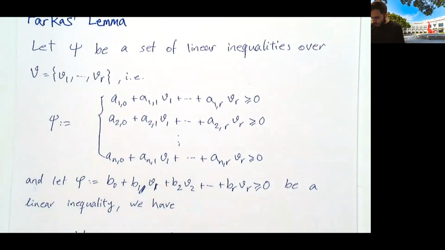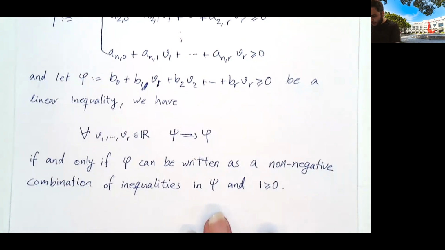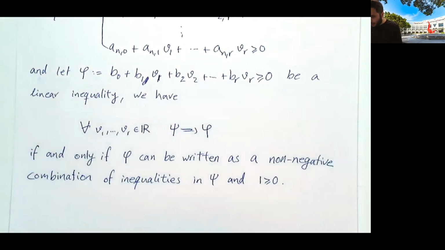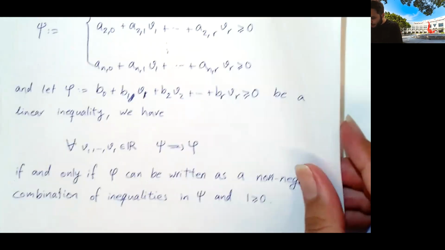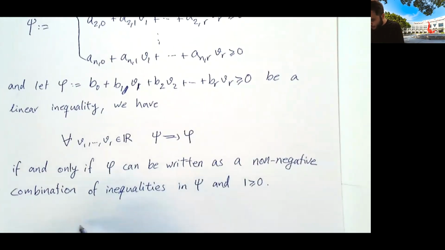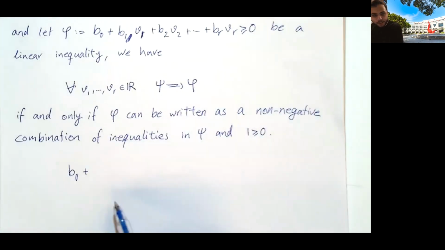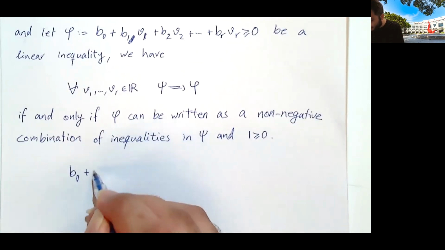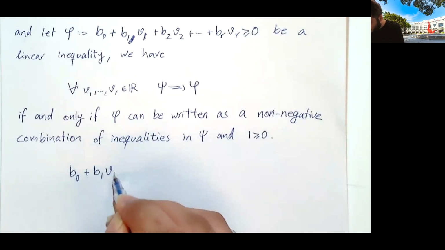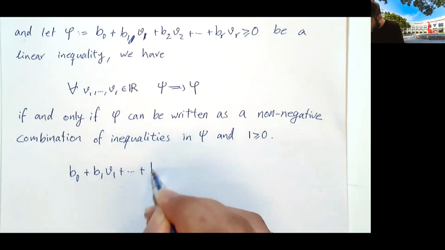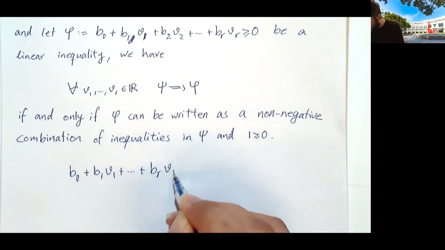So let's call these non-negative coefficients lambda. So what was phi? Phi was B0 plus, make sure you can see this, B0 plus B1 V1, so on to Br Vr.